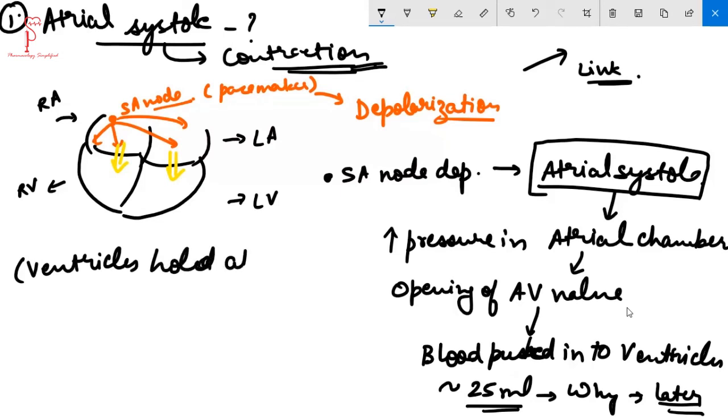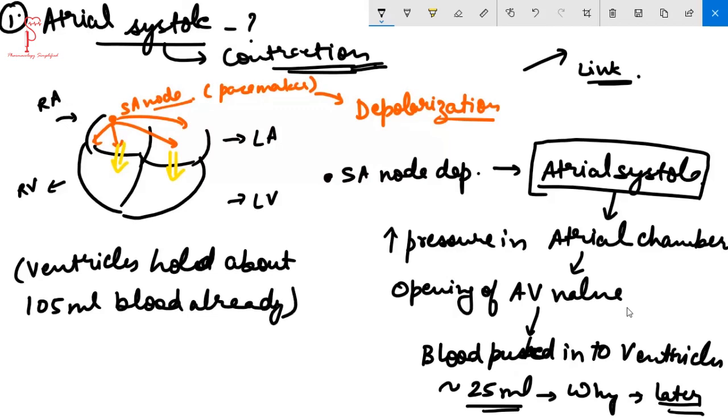The ventricles hold about 105 ml of blood already before the atrial systole. So when the atria contract, the 105 ml and the 25 ml of blood coming through the atrial systole make up 130 ml of blood. This volume of blood is referred to as the end diastolic volume.